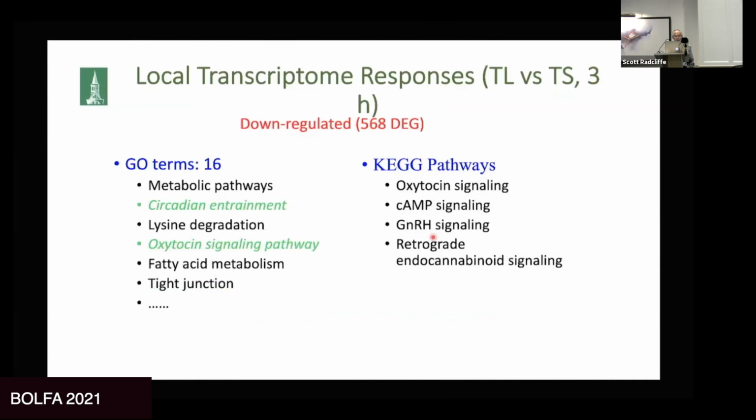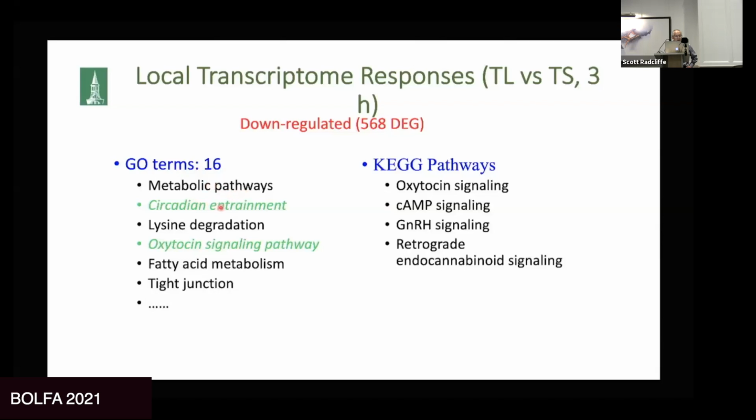We also see 568 downregulated genes at 3 hours locally. Oh, I forgot to mention, you didn't see proteinase activation in the mouse study. That was really interesting. It's either a species difference or a difference between tissue and cell. This time we used a cell, the mammary epithelial cell, while the other experiment was in tissue. In the downregulated genes, the GO terms are mainly metabolic pathways.